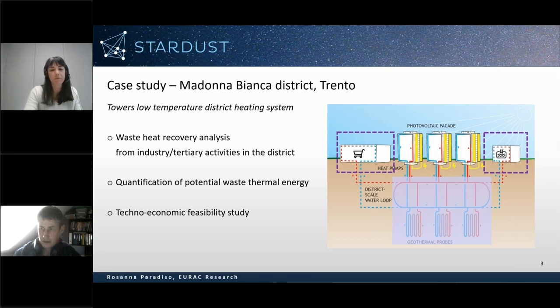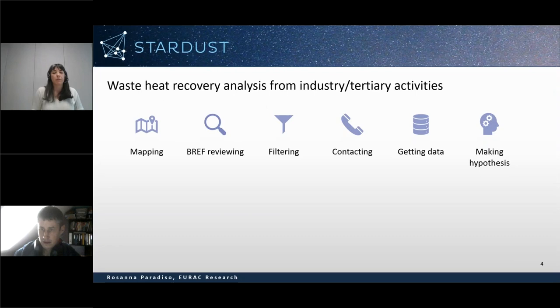The first step was mapping the activities, then going into a short literature review, then filtering the list of activities in order to focus on the highest potential, and then contacting the companies in order to get real data of energy consumption from facility managers and so on, and from that starting with the calculation.